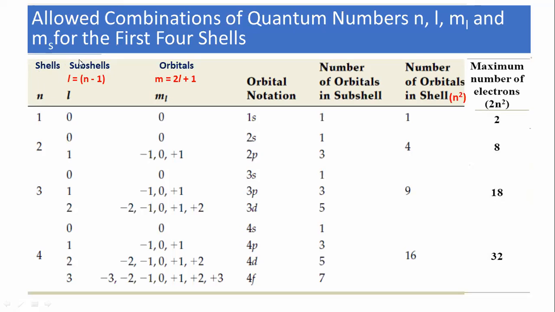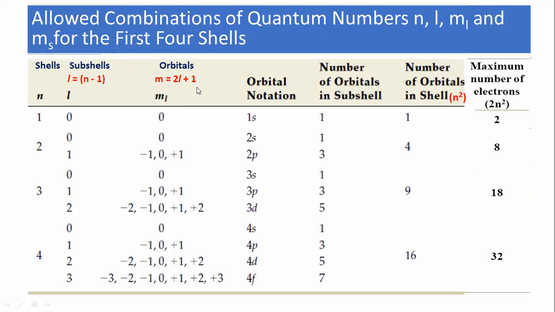These are the subshells, shown with the small l, and this is the angular momentum quantum number. And these are the orbitals, shown by the small m, and this is the magnetic quantum number.